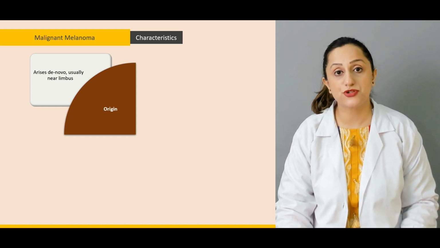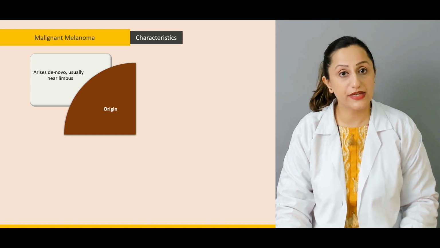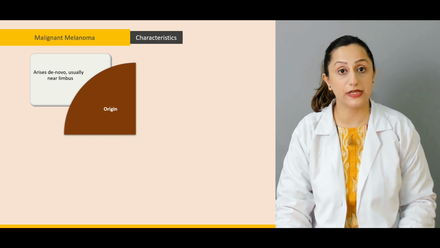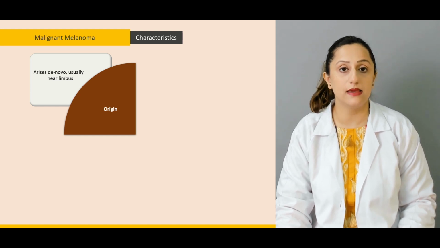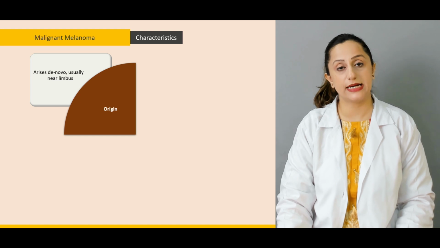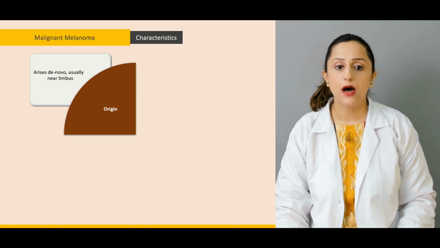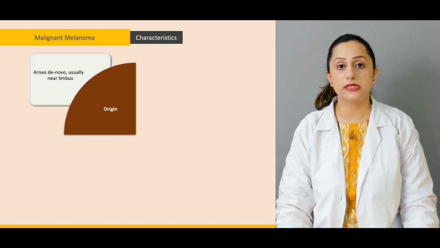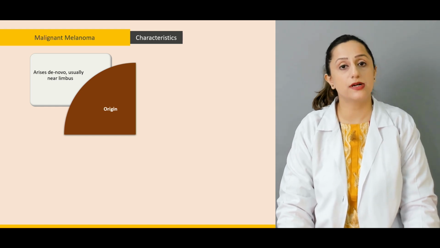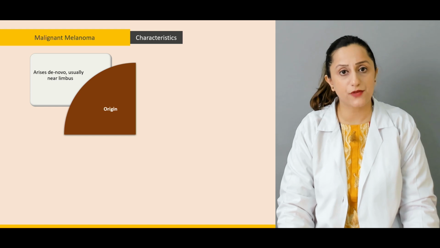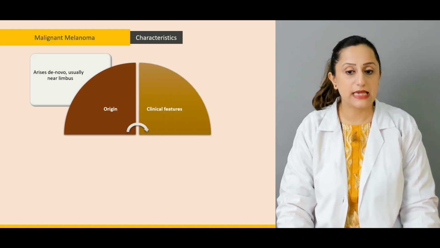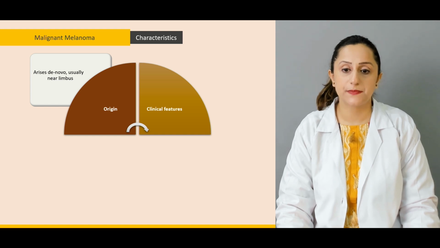As I've already mentioned, it's involving the pupillary region, it is encroaching upon the cornea, it is involving the limbus, as well as the bulbar part of the conjunctiva are sometimes involved. Although there can be de novo sites, that is the tarsal conjunctiva, the palpebral part of the conjunctiva can also be sometimes the case in particular patients.